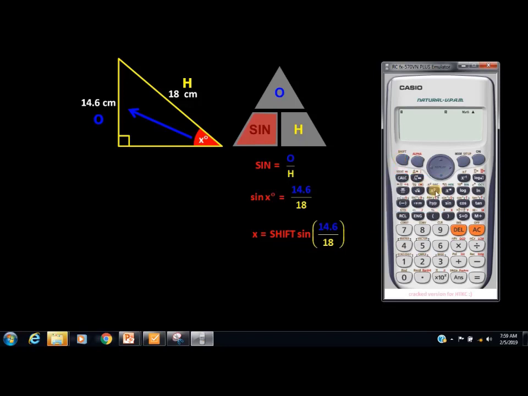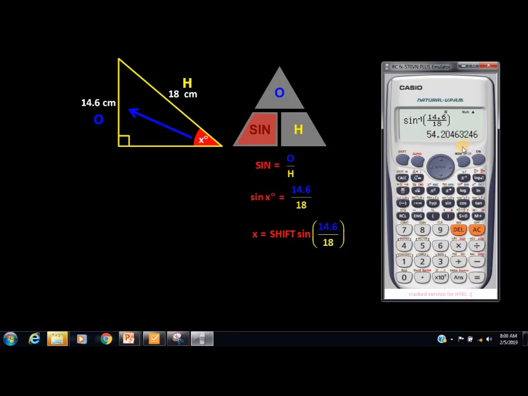So shift sine. This is a fraction, so fraction, the top number 14.6, and then come down, 18. Don't close the bracket here. Go to the right, close the bracket, and equals.